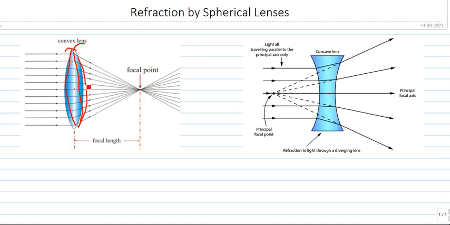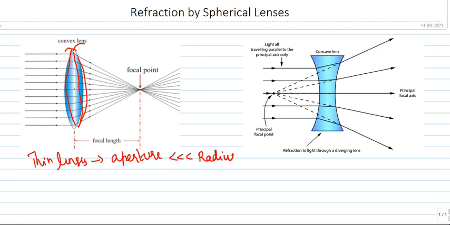When the aperture of the lens is much lesser than the radius of curvature, we call it a thin lens.